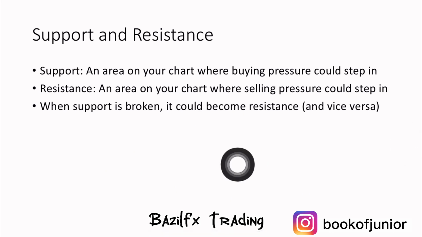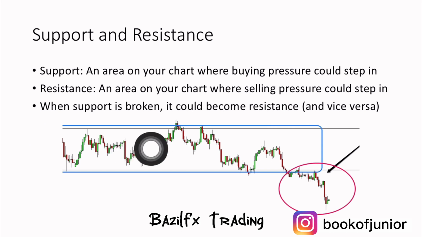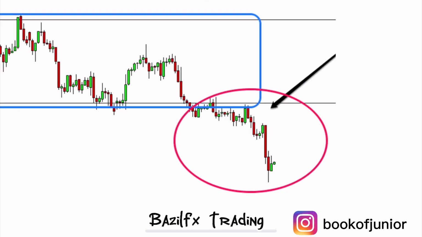Then when support is broken, it becomes resistance, and vice versa. So let's say this was our ranging market, and this is our resistance and this is support. Whenever price breaks the support level, it now becomes resistance. That's what you see here.